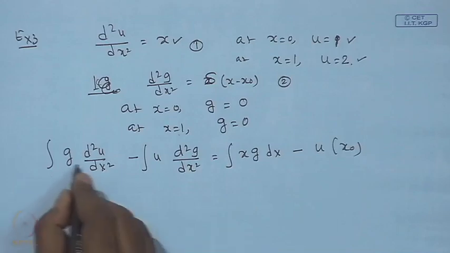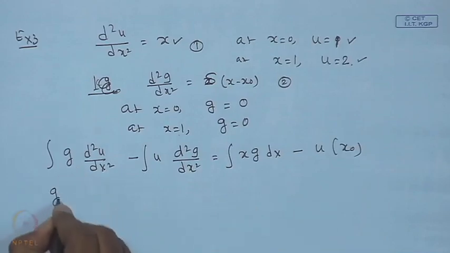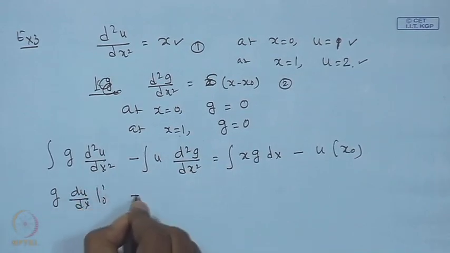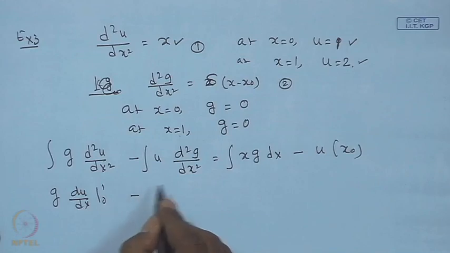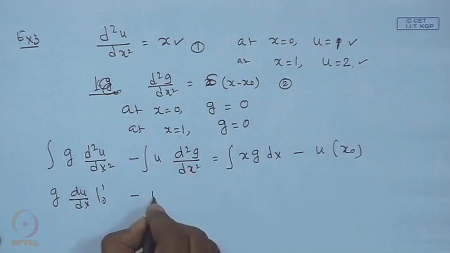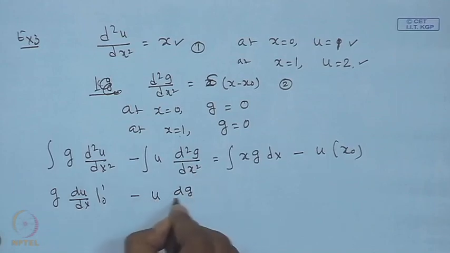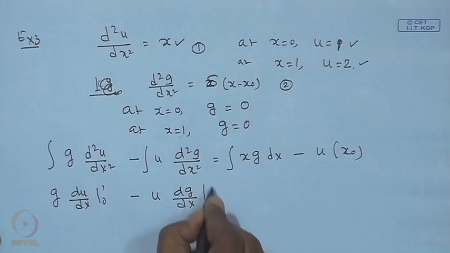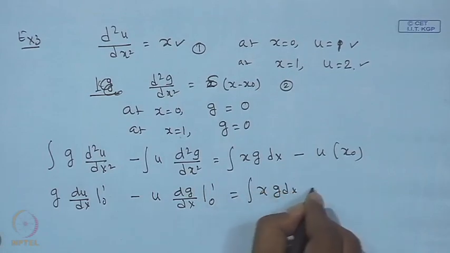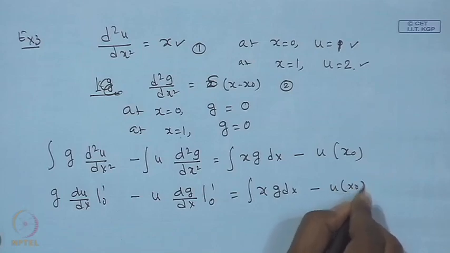So, this will be first function integral of the second function, g du dx from 0 to 1 minus, in fact that will be cancelling out later on. So, you will be getting one more bilinear concomitant part from here, u dg dx at 0 to 1 is equal to integral x g dx minus u of x naught.